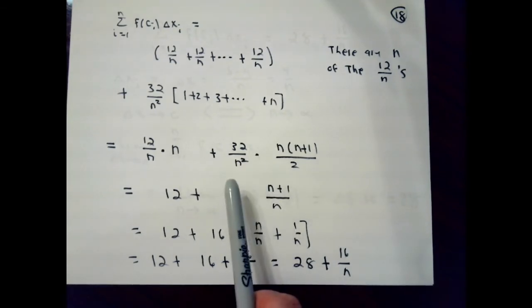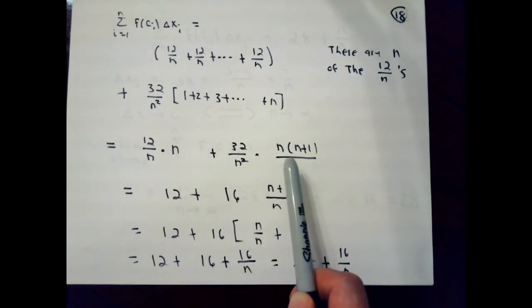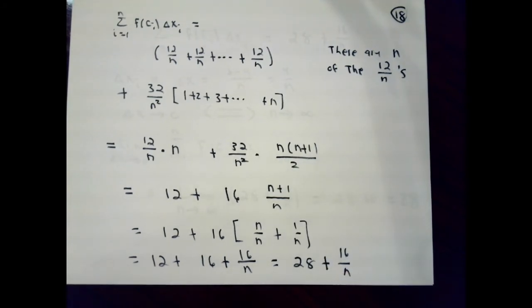Also, I can factor an n out between the n squared and the n times n plus 1. After everything has been simplified, I get 12 plus 16 times the number n plus 1 over n, which if you want, you can go on and multiply out some more. N plus 1 over n is n over n plus 1 over n.